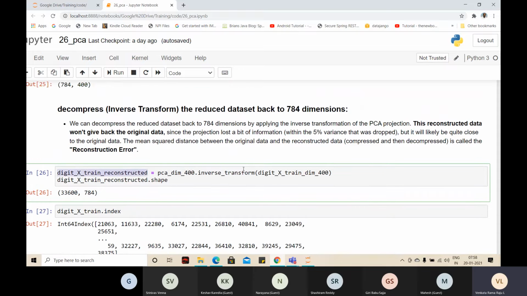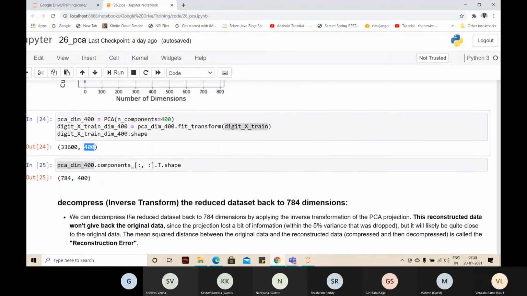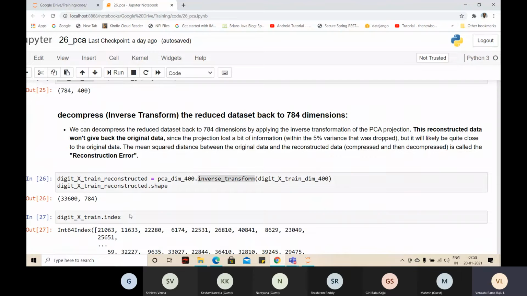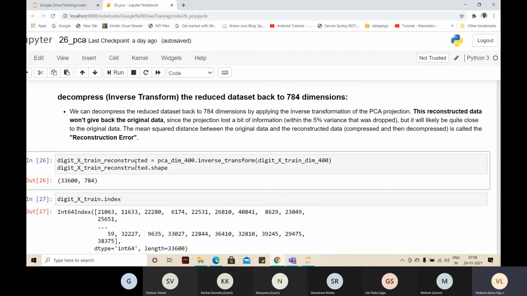And then inverse transform. There is a function called inverse transform. What am I doing? I took these 400 columns and am regenerating 784 columns. I shrunk the data, and I'm trying to reproduce the data. So one point we need to remember is when you converted your data using PCA, you will not be able to reproduce it back exactly.